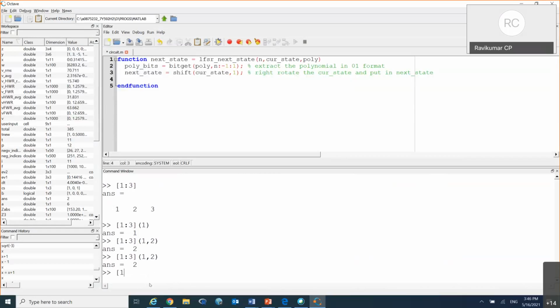I have this, the current state is, let us say, 110, and the polynomial is asking me to extract these two bits.